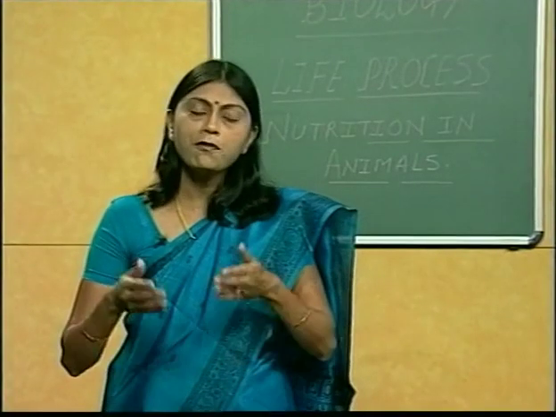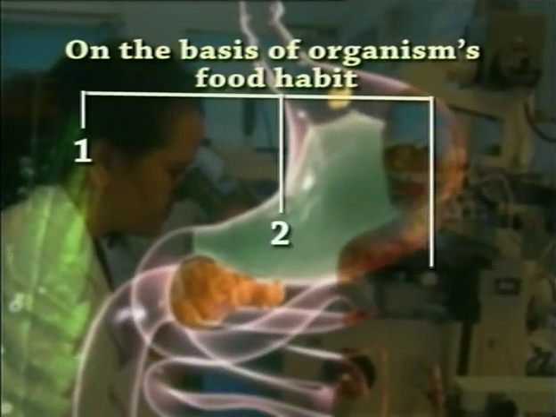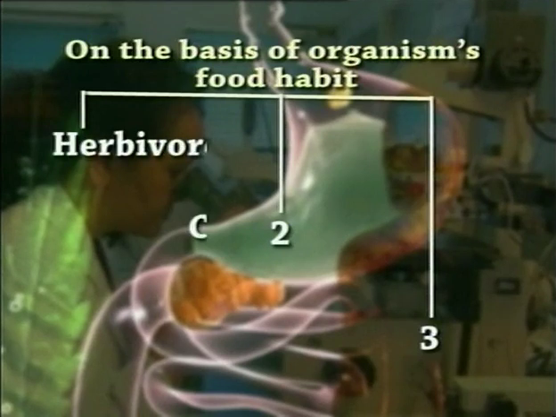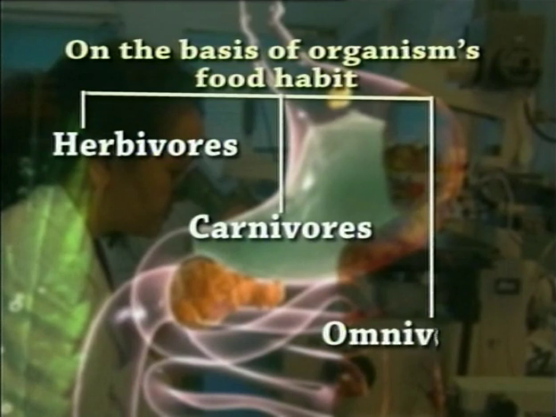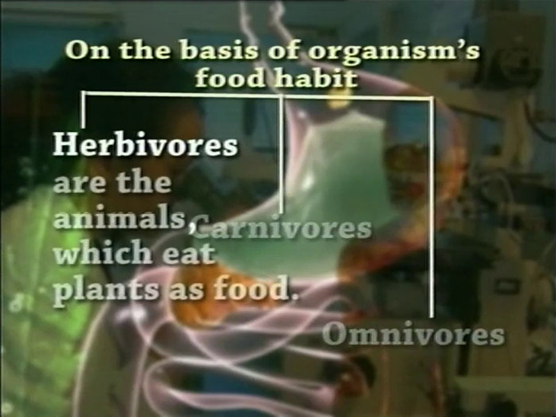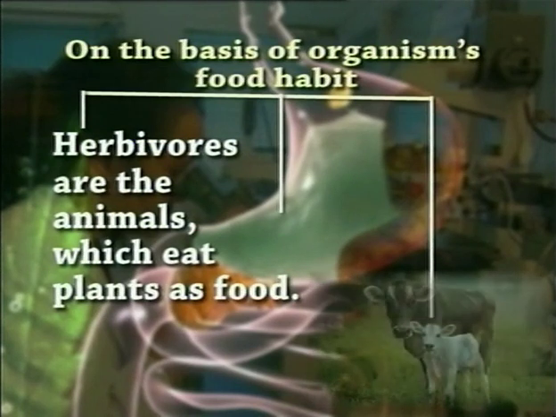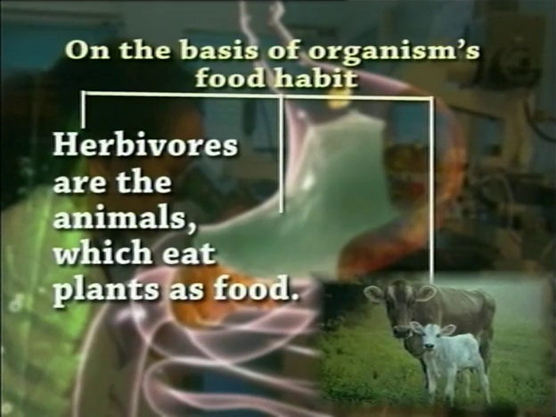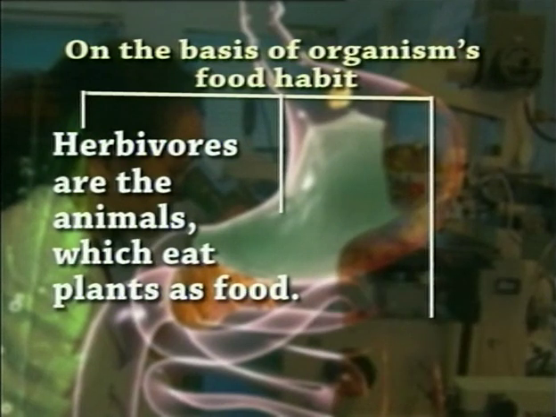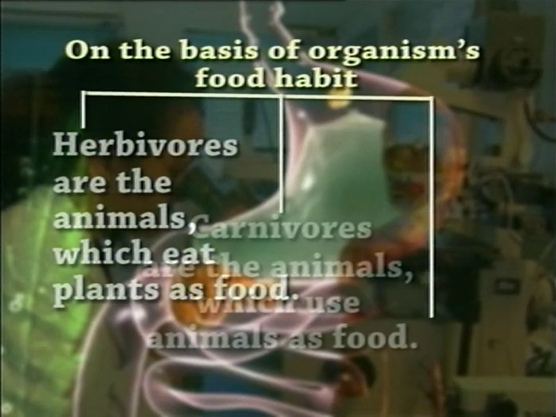But you know, different organisms have different types of food habits, and according to their food habits, they are divided into mainly three groups: herbivores, carnivores and omnivores. Now, what is the actual definition of that? Herbivores means those organisms which take only plants as food, for example cow, sheep, buffalo, etc. The second type is the carnivores.